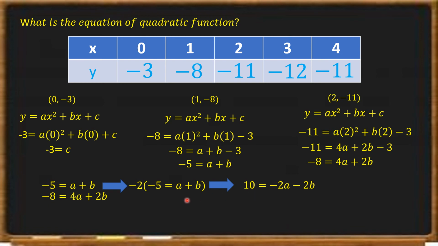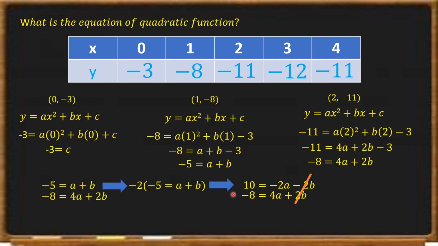Positive 10, where did this come from? Negative 2 times negative 5, positive 10. Negative 2 times a, negative 2a. Negative 2 times positive b, negative 2b. So I now have negative 2b here. Let's copy the second equation to do the elimination. So the positive 2b and negative 2b are eliminated.